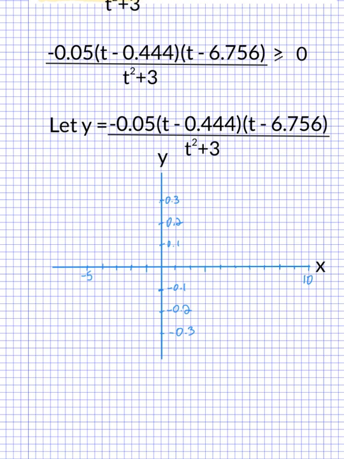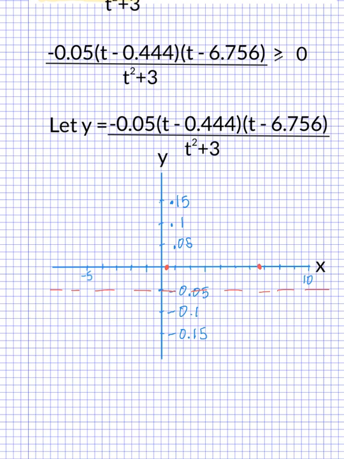What do we know? We know that there's a horizontal asymptote at negative 0.05 over 1, so negative 0.05. There are going to be zeros at 0.444 and approximately 6.756, about here.